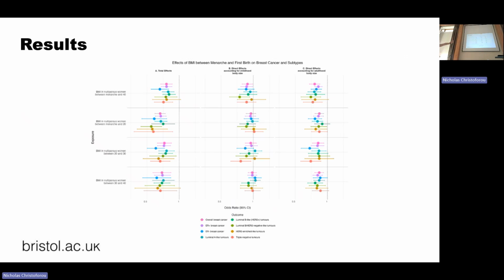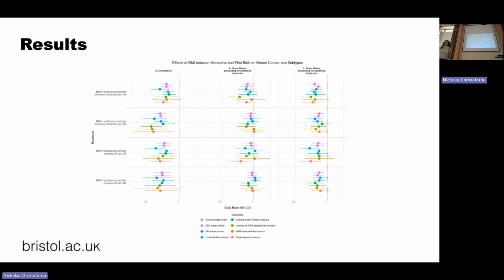So the top set of results are the full set, BMI in nulliparous women between menarche and 40. So an increase of BMI was protective of breast cancer and several different subtypes in a univariable setting. But when we accounted for late life adult body size, those effects remain the same.